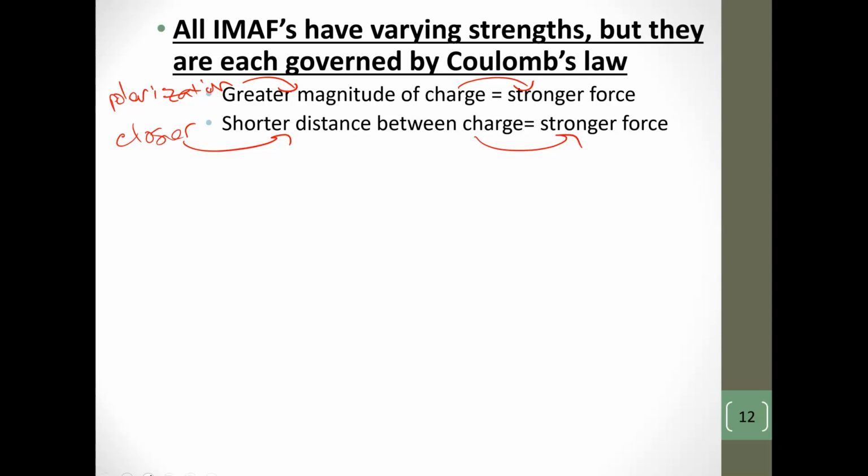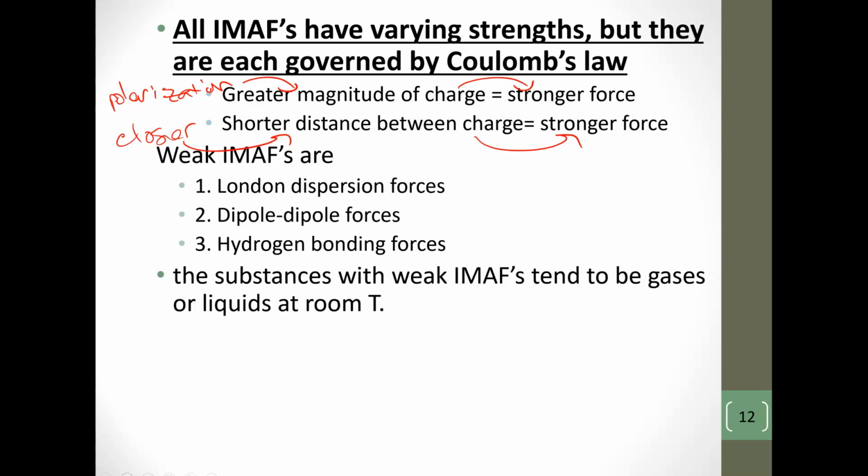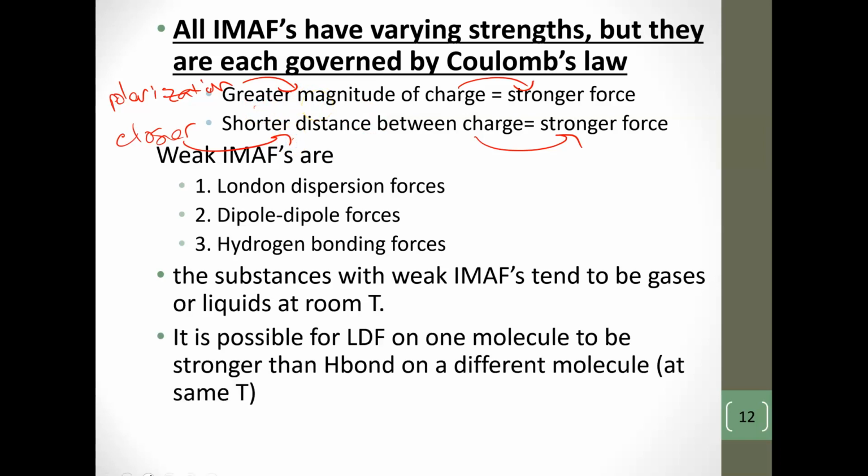There's 2 things that determine it. Okay? The weak intermolecular attractive forces are LDF, dipole-dipole, and hydrogen bonding in that order. Okay? These substances tend to be gases or liquids at room temperature. Not all of them. Again, it has to do with the size and that kind of thing.